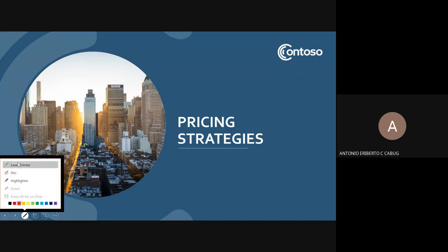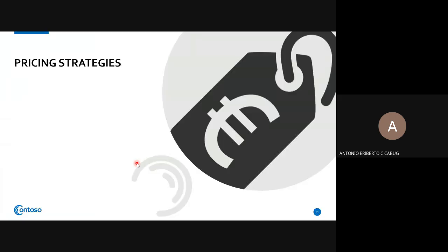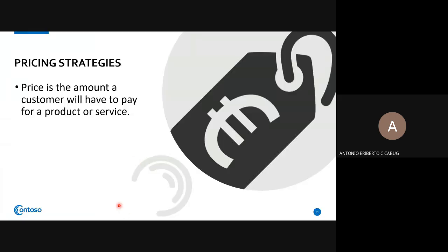Okay, pricing strategies. So what is a price? Price is the amount a customer will have to pay for a product or service.